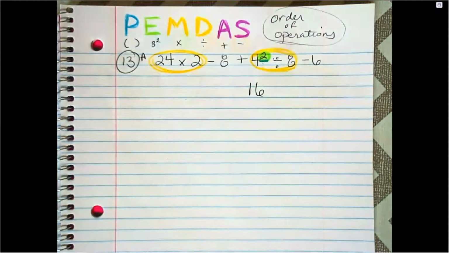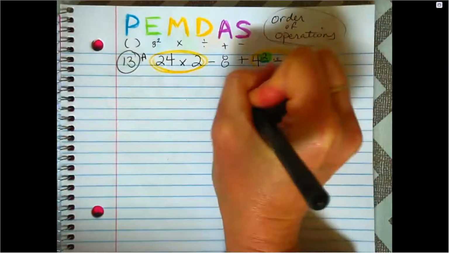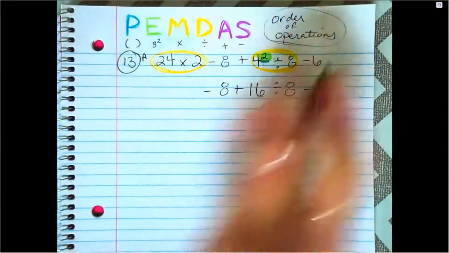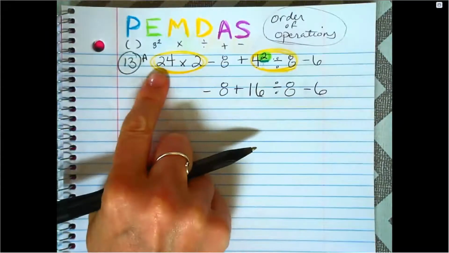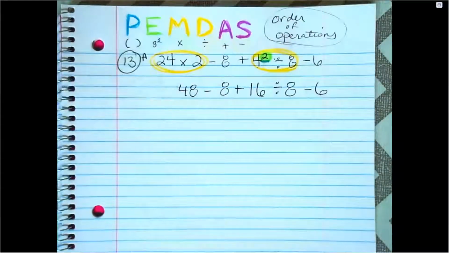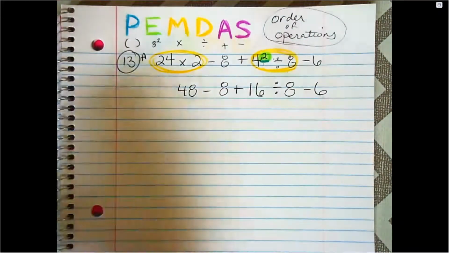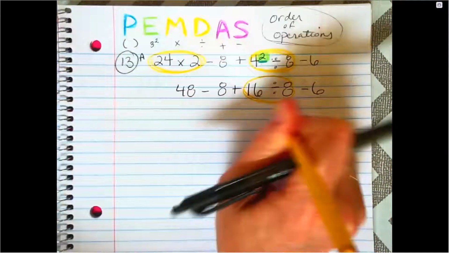And the best way to ensure that you get the right answer is to rewrite this each time. And I can solve this. 24 times 2 is going to be 48. Okay, now I have some new things to do. So now I have to do this division problem.